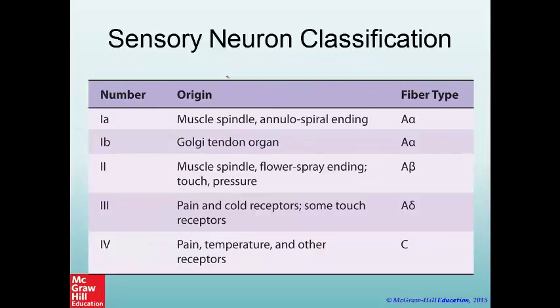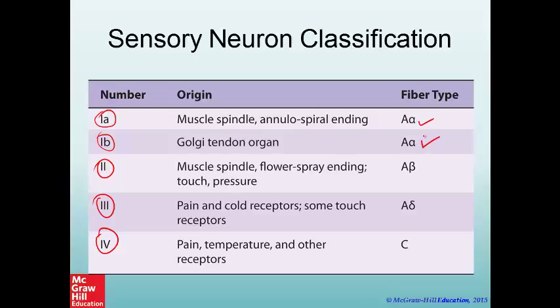Sensory neurons, we have a different classification system. We call them type 1, type 2, type 3, type 4 fibers. That equates to the A fiber, B fiber, C fiber designation. So the 1A fibers are A alpha. The 1B fibers are also A alpha.